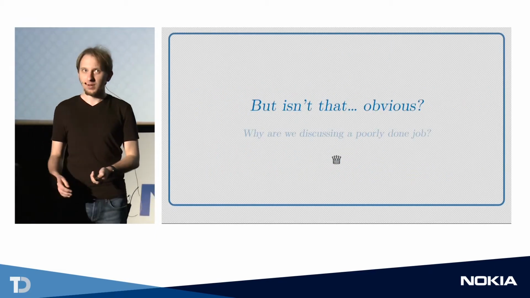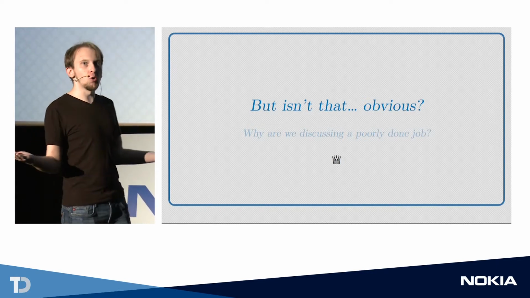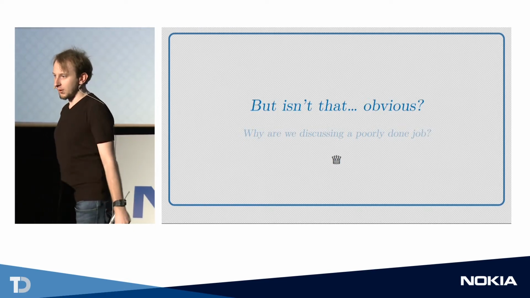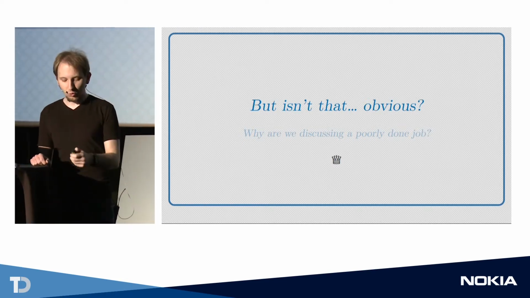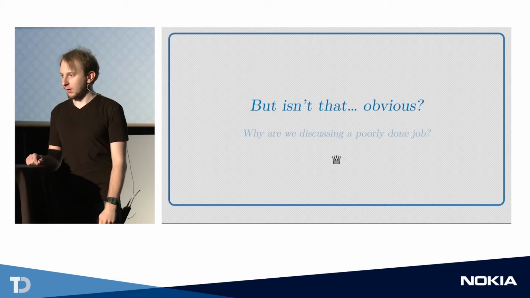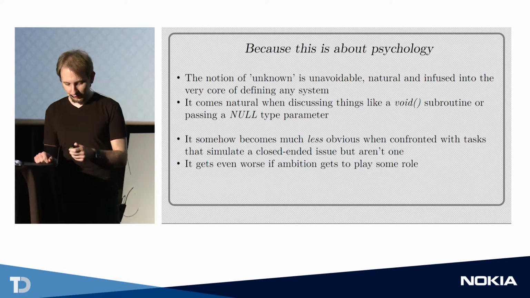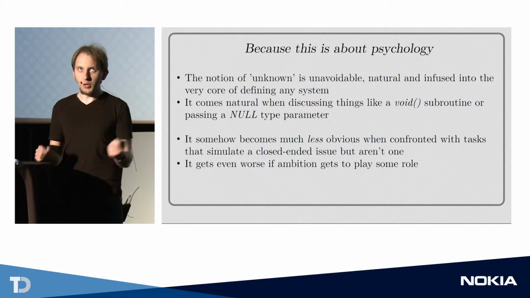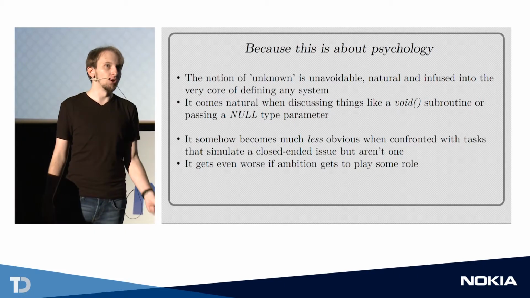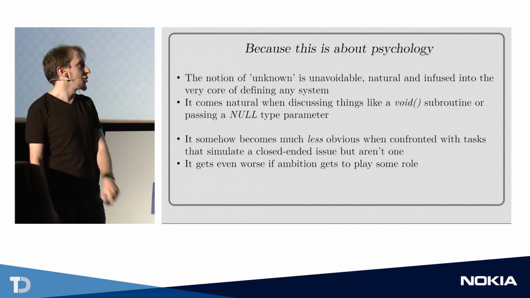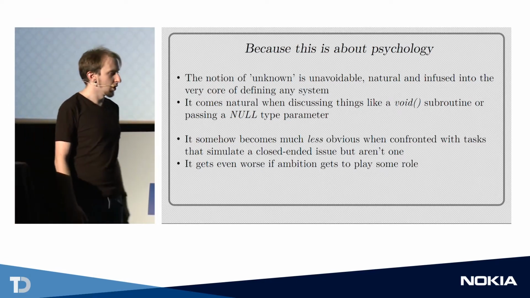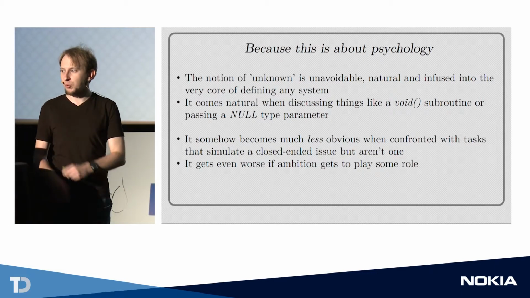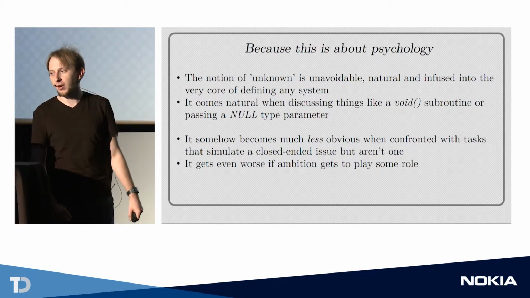So getting out of scope is bad. That's obvious, right? Why are we even talking about it? That's like 101, right? Well, because this is about soft skills. We deal with things that are unknown on a daily basis, even in engineering. We have null types, we have undefs, we have entire subroutines that just return nothing or return something we don't care about.